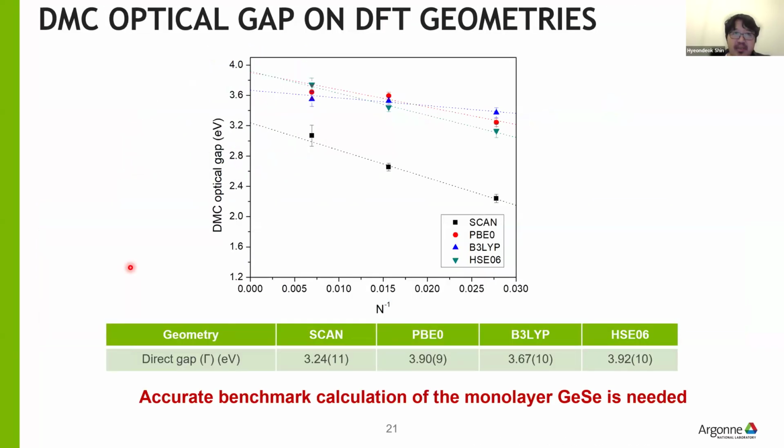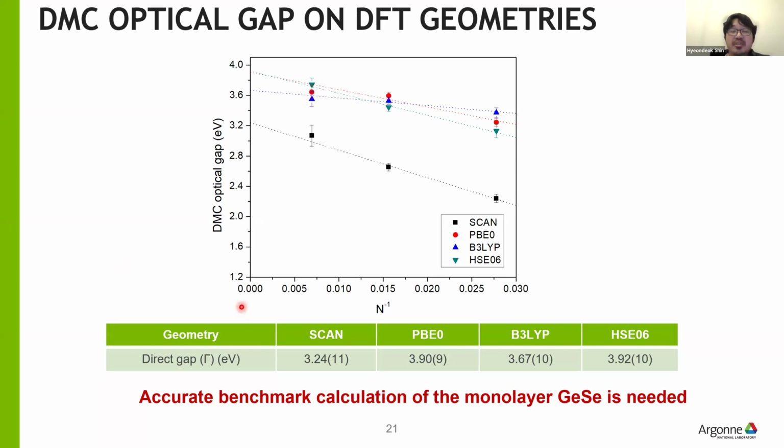So here is a simple study of the DMC optical gaps with the different DFT geometries for the monolayer structures. We just calculate the same indirect gaps and direct gaps at the gamma point for the monolayers using DMC, but the geometries are different, obtained from the different exchange correlation functionals.